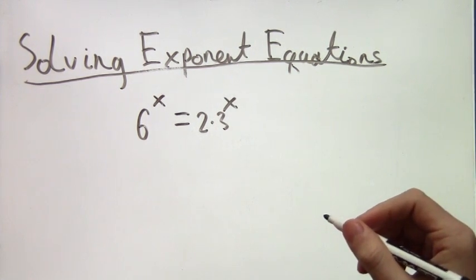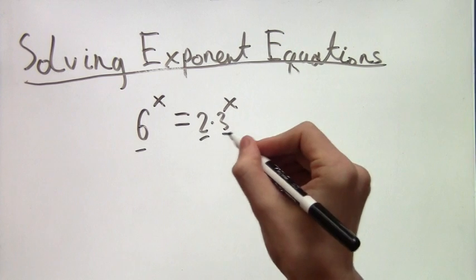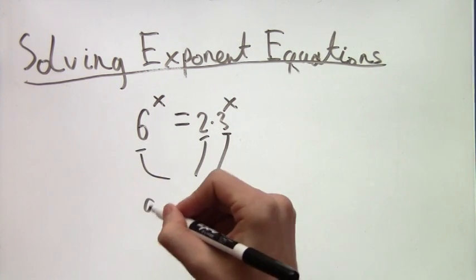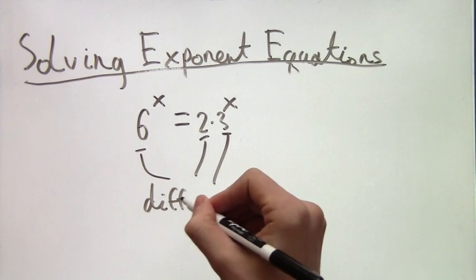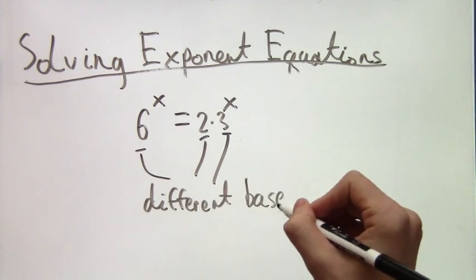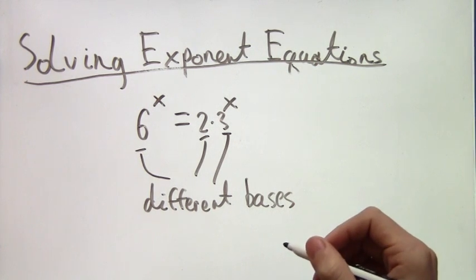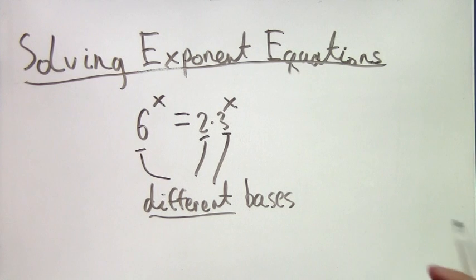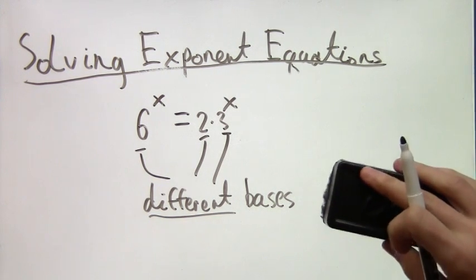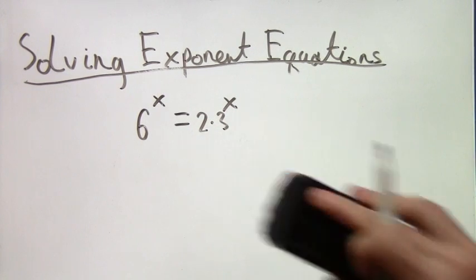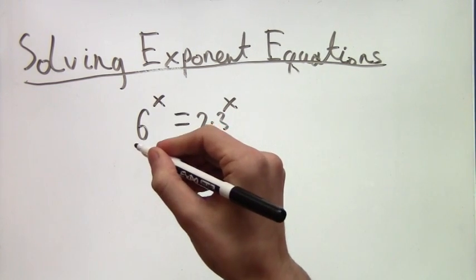Now, in the previous examples, we had the same base, and it had some sort of powers. But right now we have the problem that all the bases are different. So what do you do in a situation like this? Well, in our case, it's actually possible to simplify the equation so that the bases used on both sides are the same. I'll show you what I mean.